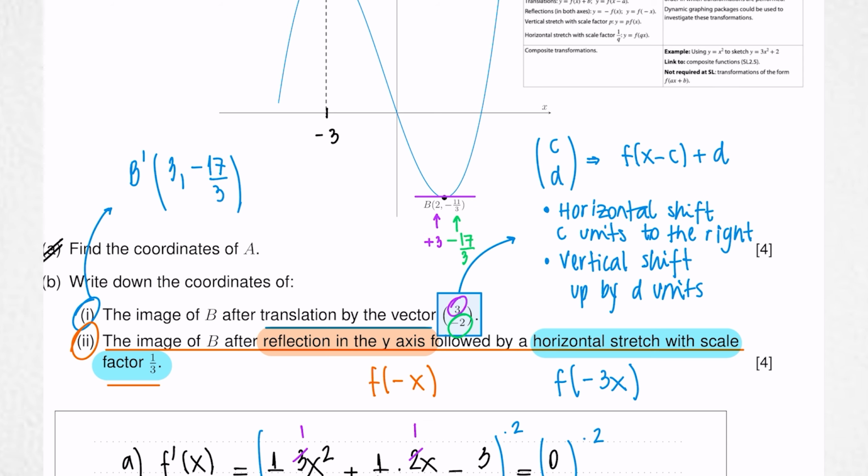Well, whatever we do with the x values, we actually do the opposite, which in this case, instead of multiplying the x value by negative 3, we're going to divide it by negative 3. So B prime, which is the image of B, is negative 2/3, and the y value doesn't change, negative 11 over 3. So a little bit more complicated than what you were probably expecting.